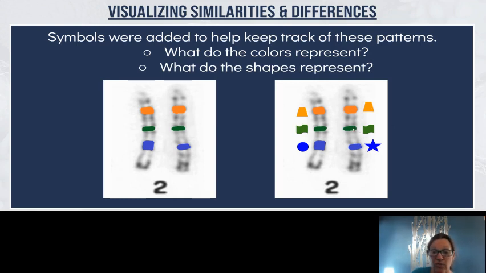We're going to use the flag shape to represent the green band, and we're going to use the blue circle and this blue star to represent the blue band. Notice that these are two different symbols. That's because the thickness of the bands is different on the two chromosomes. So this first chromosome, again, is much thicker than the second chromosome.